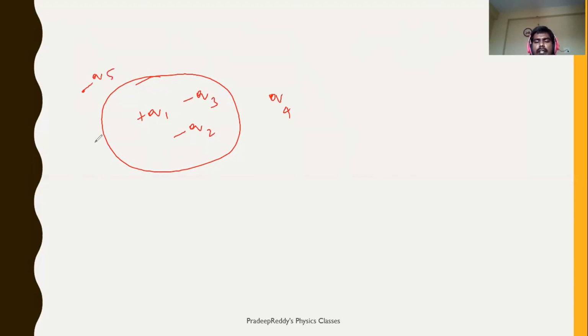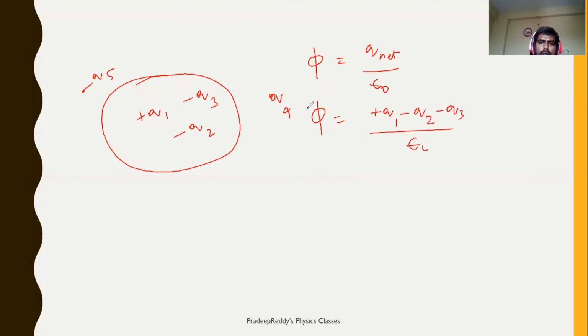Now flux passing through this circular loop. So total flux phi will be equal to Q net divided by epsilon naught. What is the net charge inside this? It is plus Q1 minus Q2 minus Q3 divided by epsilon naught.